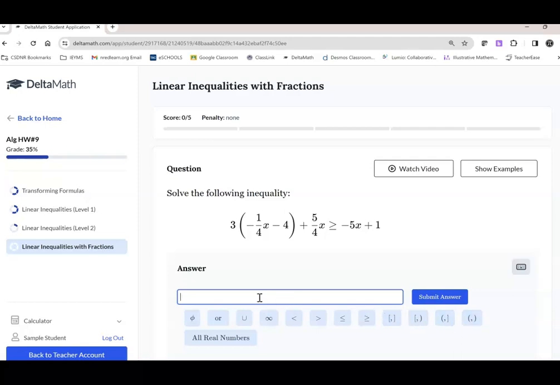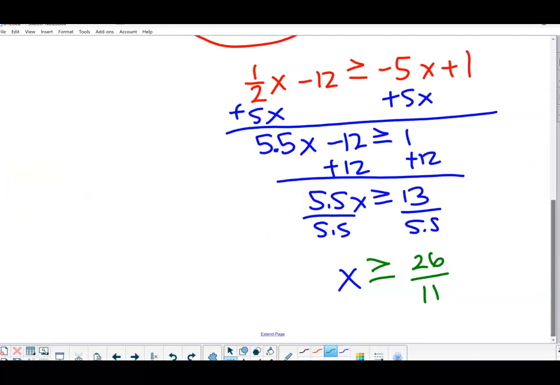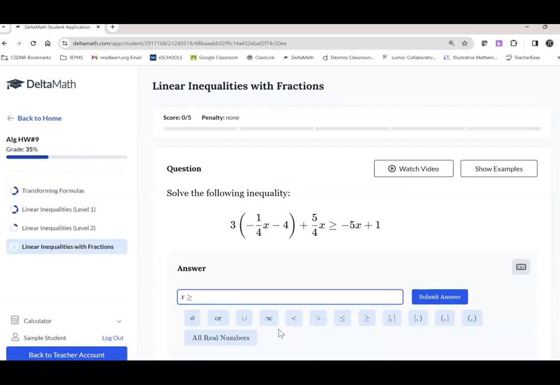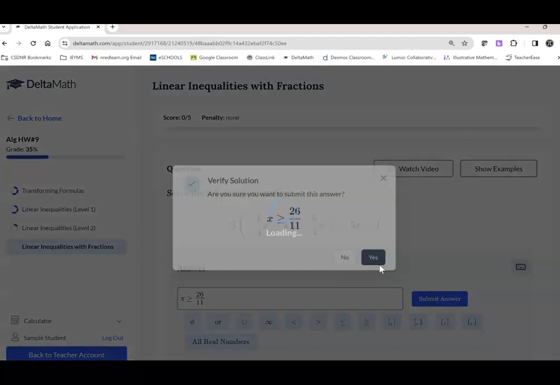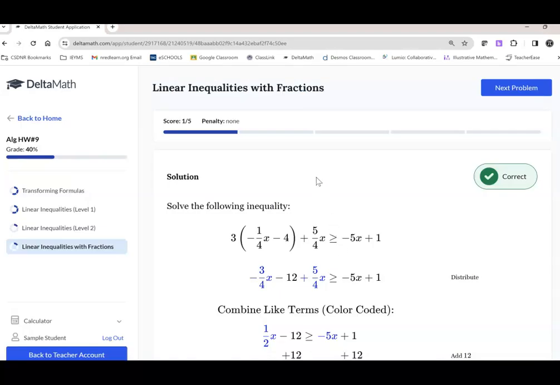So we can just type X is greater than or equal to 26 over 11. So you don't need to worry about any of these other keys, just the inequality symbols in the middle. Okay, good luck.